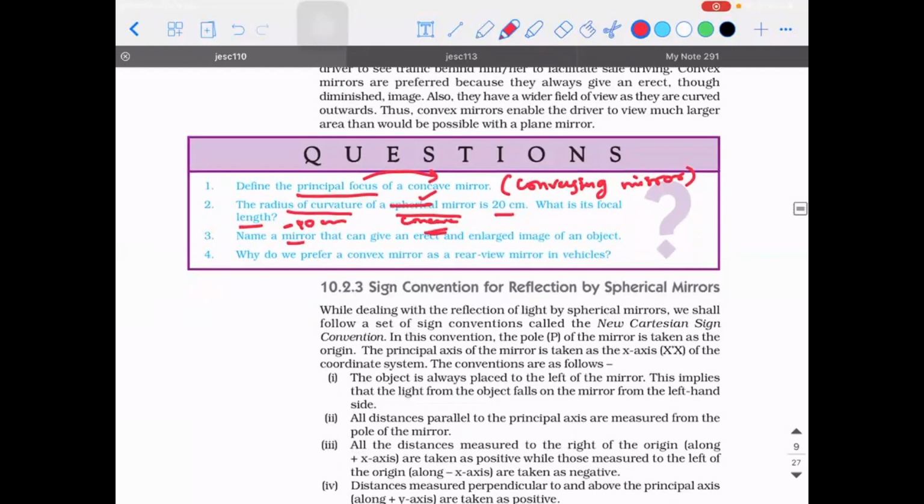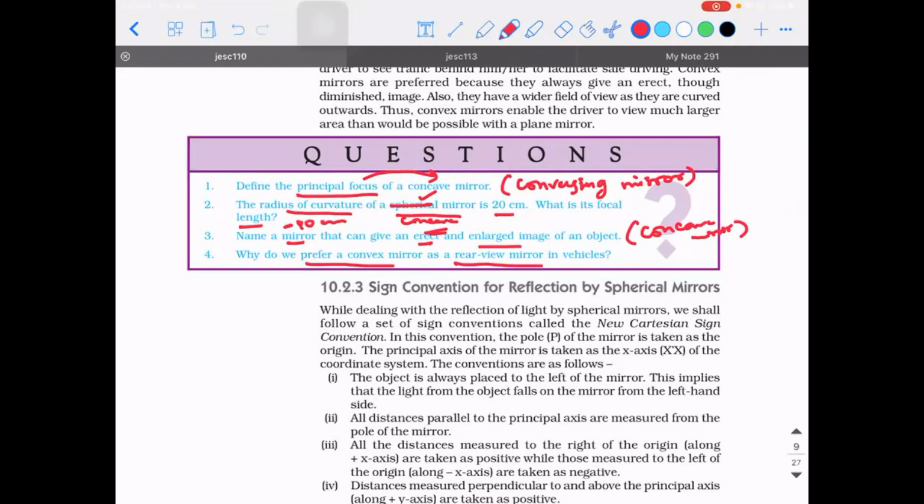Name a mirror that can give an erect and enlarged image of an object. A convex mirror always gives a virtual image, but it is always diminished. But is there a possibility of a virtual and enlarged image? Yes, a concave mirror, when the object is placed between the focus F and the pole P. Why do we prefer a convex mirror as a rear view mirror in vehicles?